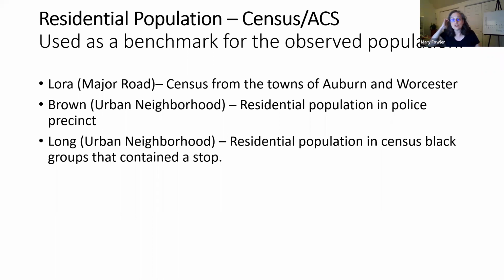Using the address on each of these FIO reports, we were able to geolocate that address into a census block group, and then use the racial distribution in the census block groups together to understand what the patrol area looks like, what the officers are observing in the patrol area.